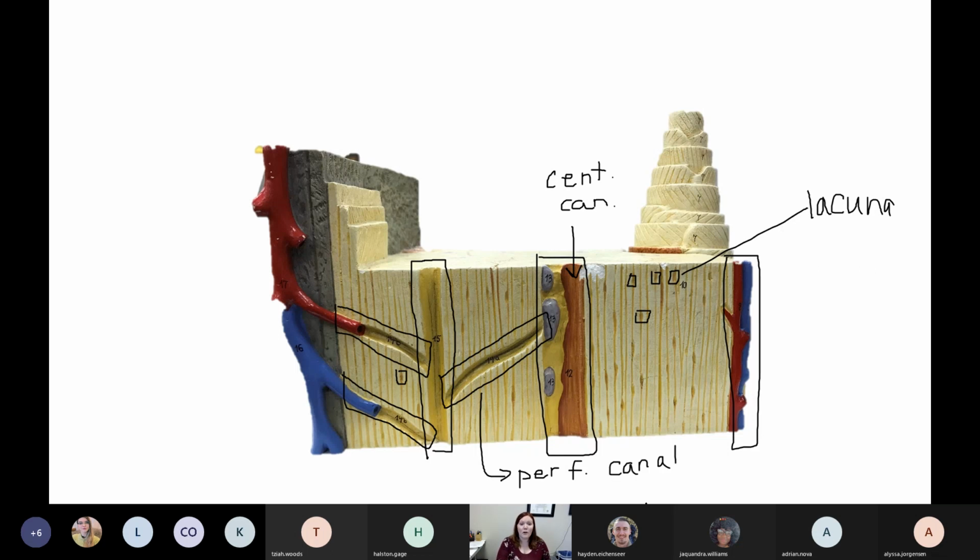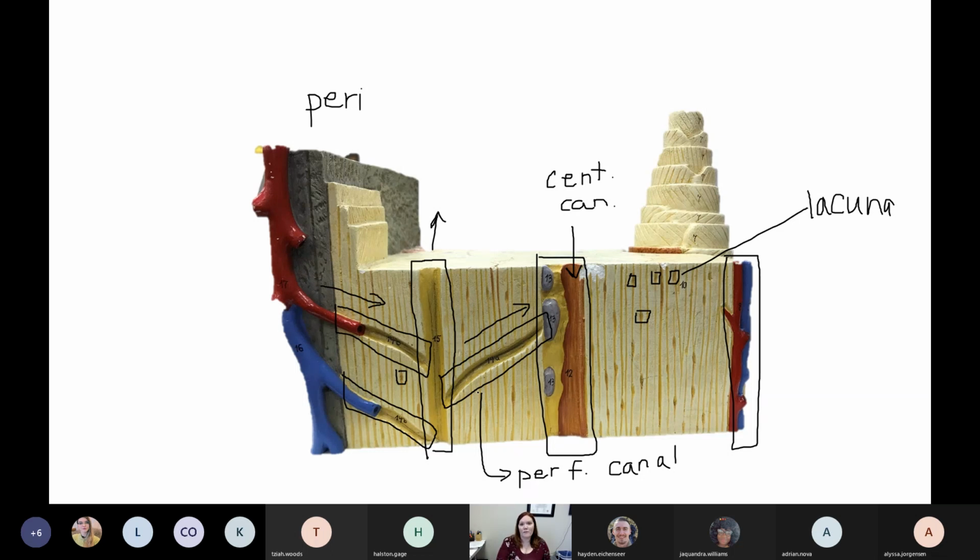When we talk about perforating canals, these go across the bone tissue. So instead of going straight up and down like this one, these ones are going at an angle. They're helping us to bring blood in from that thing called the periosteum, that connective tissue on the outside, or they're helping us to share some of that blood in other places inside the bone tissue. So perforating canals at an angle, central canals straight up and down.